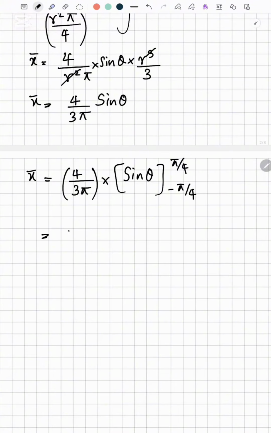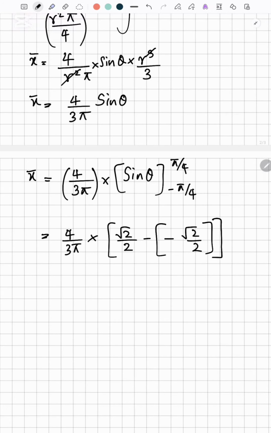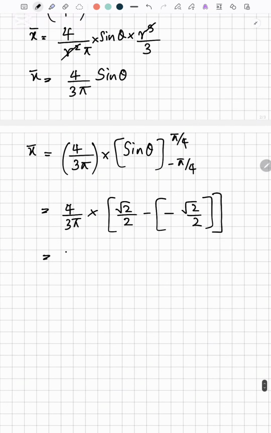This gives you 4 over 3 pi into sine pi over 4, which is root 2 over 2, minus negative root 2 over 2. So it's going to be plus, right?